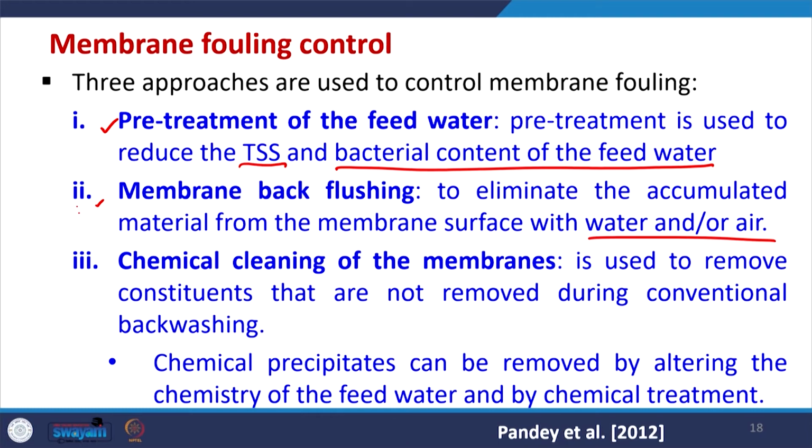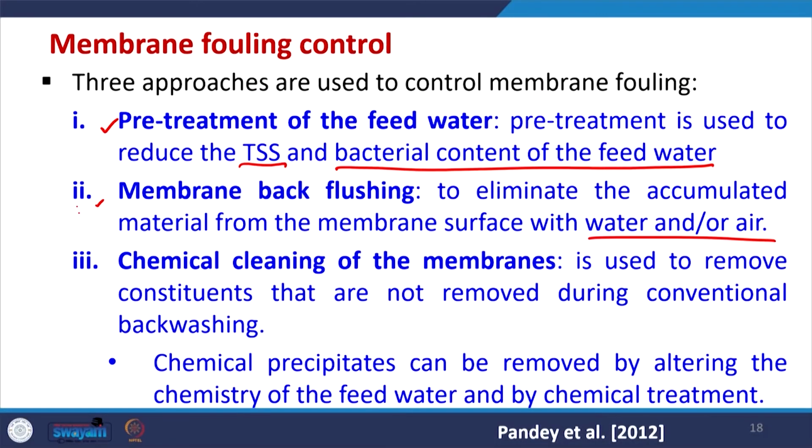So, if we use some chemicals which have more affinity towards the fouling materials, the fouling material will be attracted towards that chemical, and thus we can do the cleaning. So, chemical cleaning of the membrane can be used to remove constituents that are not removed during conventional backwashing.